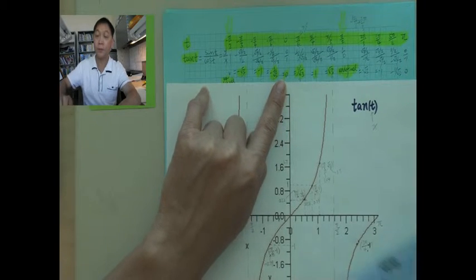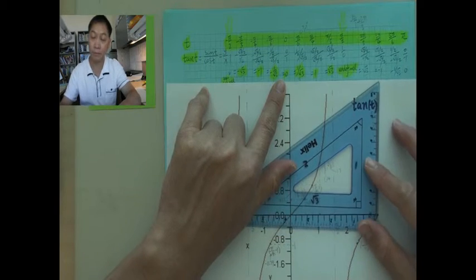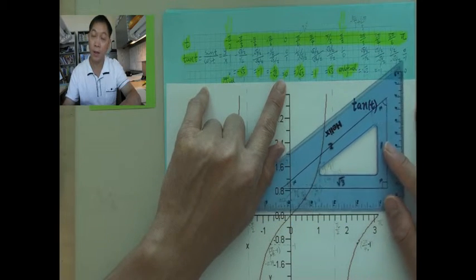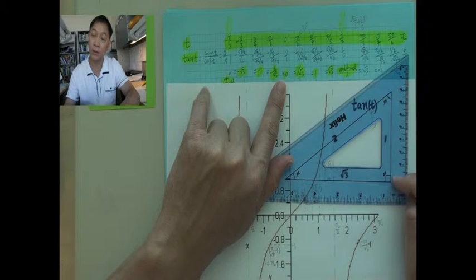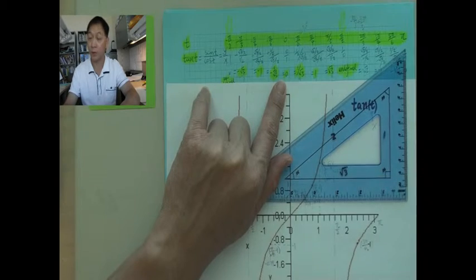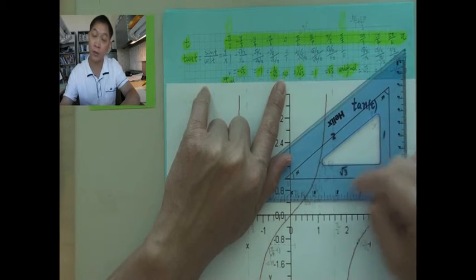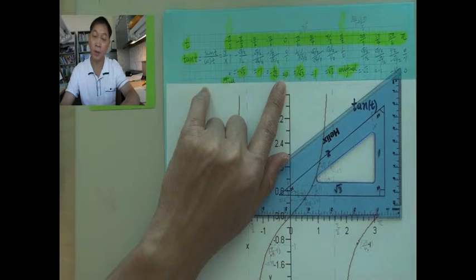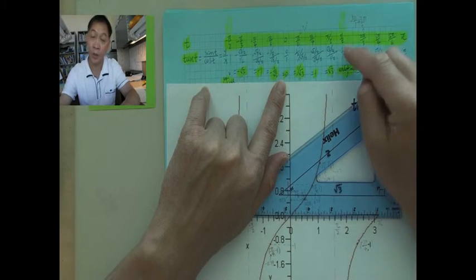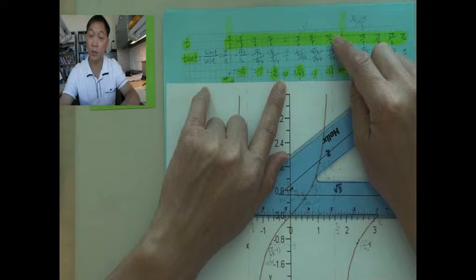You may wonder why tangent 30 degrees is 1 over radical 3. Use this ruler: for 30 degrees, tangent is opposite side over adjacent, so 1 over radical 3. That's why I keep using this ruler. You may check 60 degrees too.